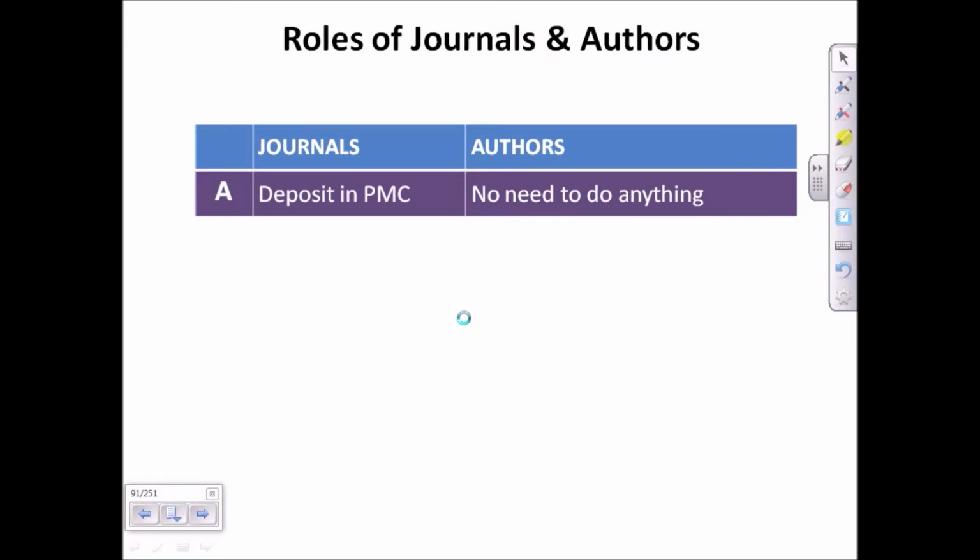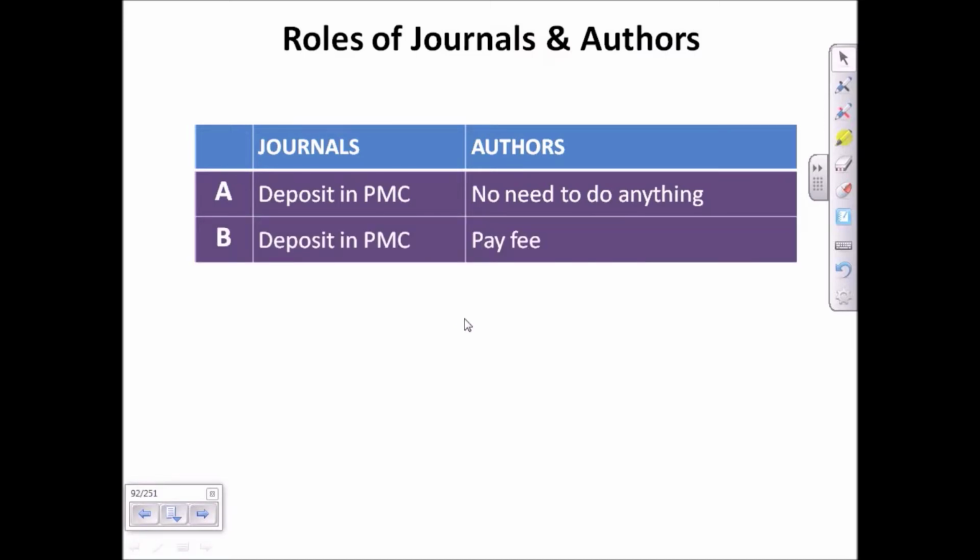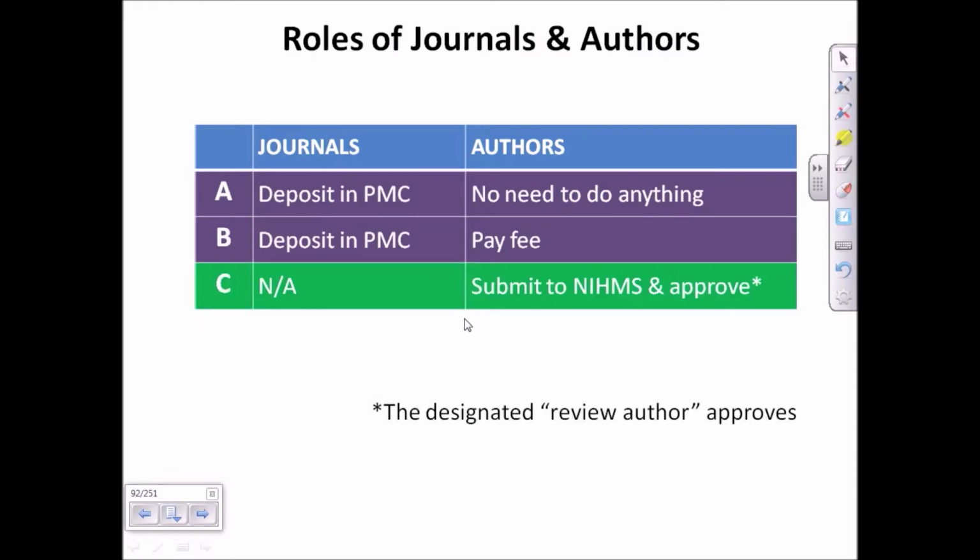You don't need to do anything for method A. For method B, the role of the journal is the same. It's also to deposit the paper in PubMed Central, but the role of the author is to pay the fee. And that's what will trigger the journal to know that they need to put the paper in PubMed Central. If you don't pay the fee, they won't do it. They're waiting for you to contact them and take the initiative.